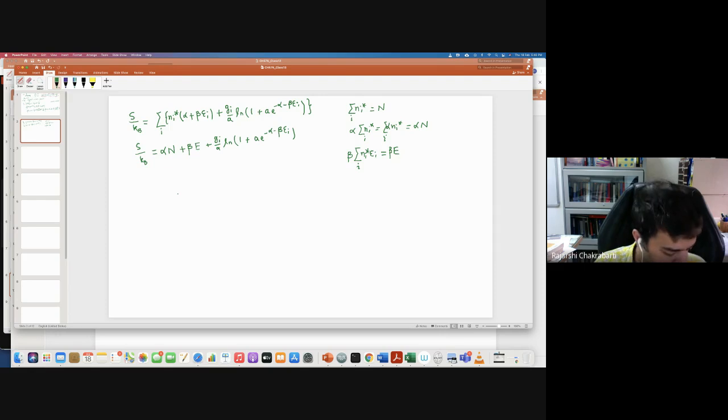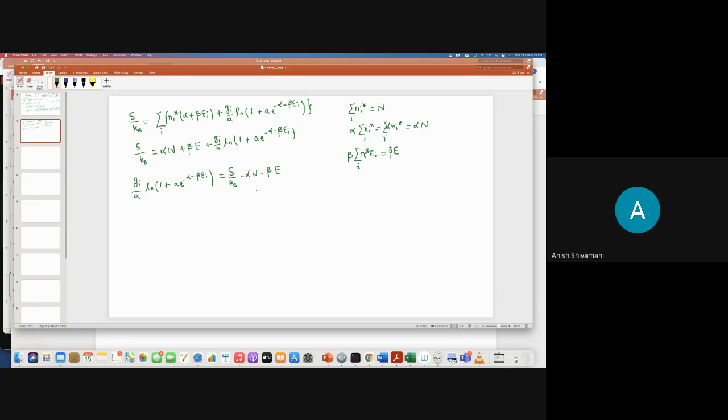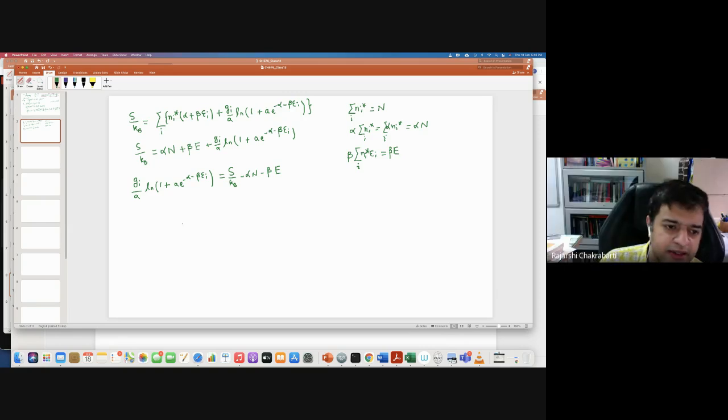So I can always write that this term, g_i by a, log of 1 plus a, minus alpha minus beta epsilon_i, is equal to S by k_B. This is fine. If I write like this, it is fine, I hope.